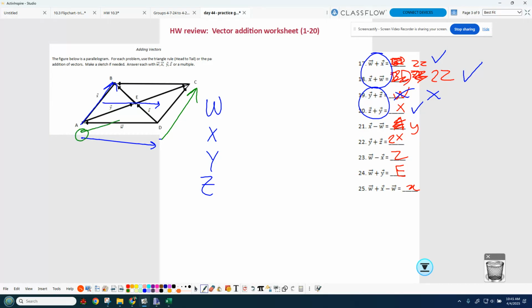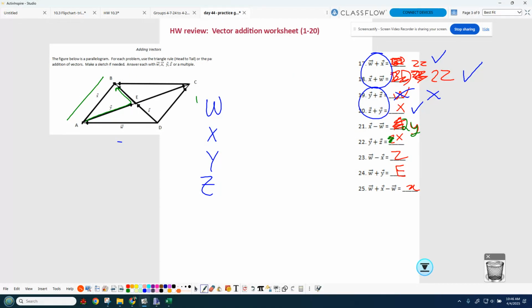So the open starting point, the open ending point, that is 2Y. Okay, Y plus Z. Didn't we already do that? We did, up here. Y plus Z is just X.